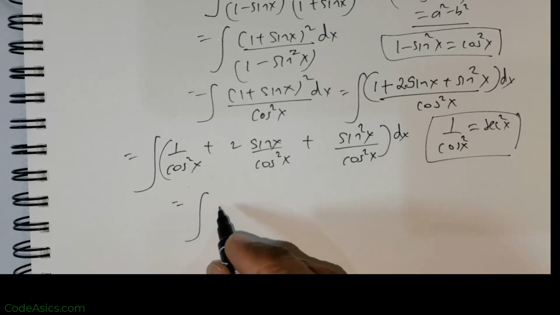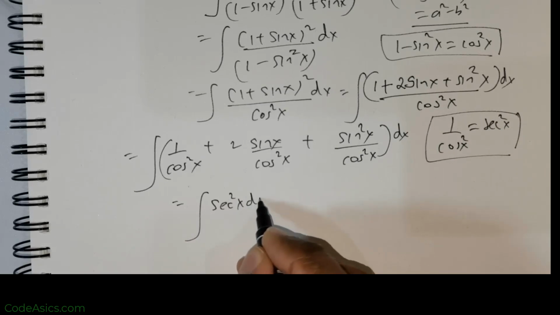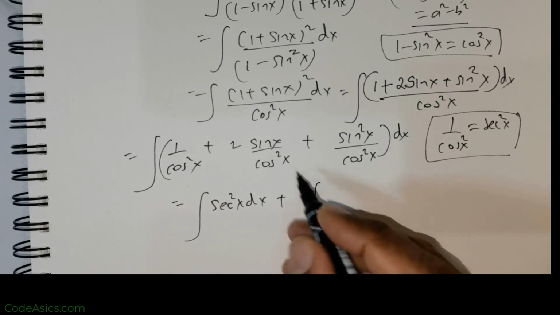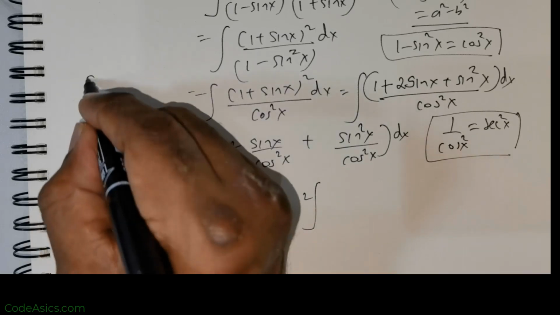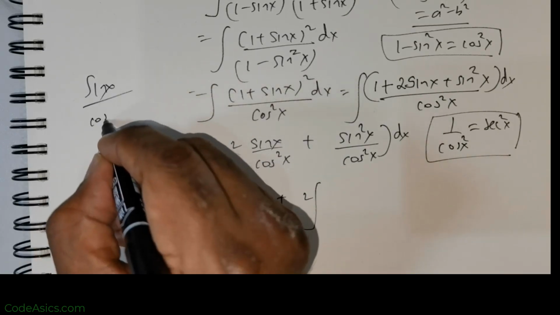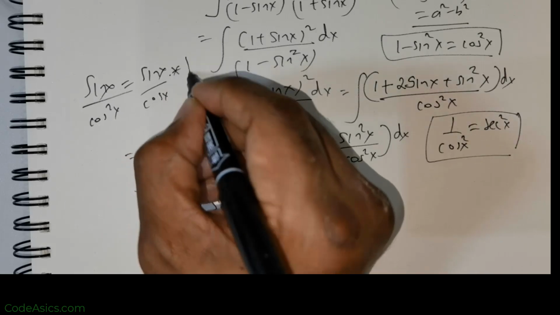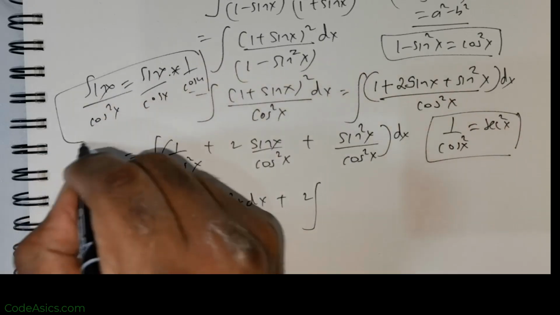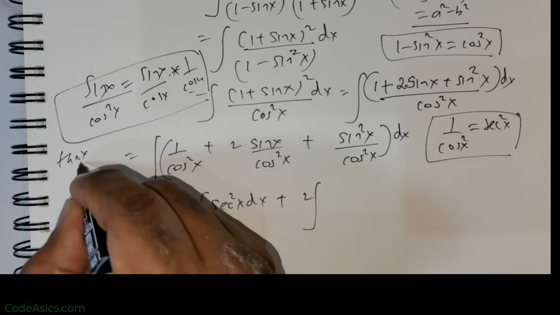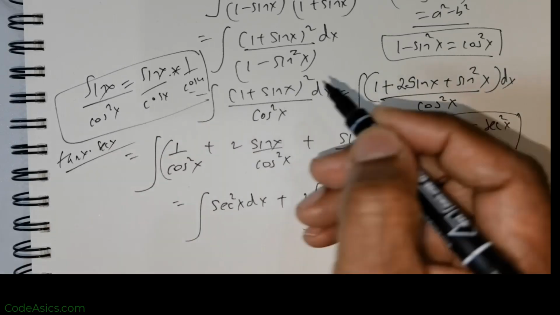So this is going to be secant squared x dx plus 2 times sin x over cos squared x. So I can rewrite this as sin x over cos x multiplied with 1 over cos x, right? Which is nothing but tan x times secant x.